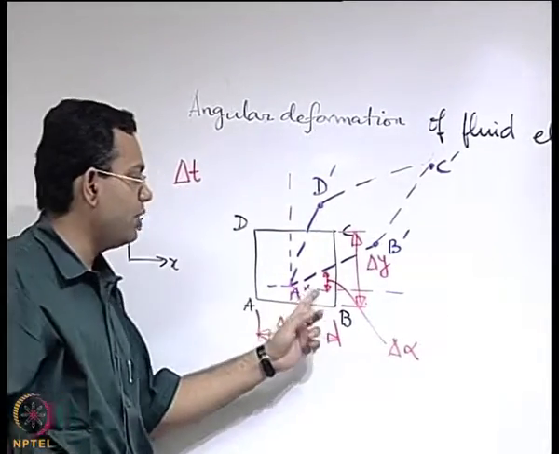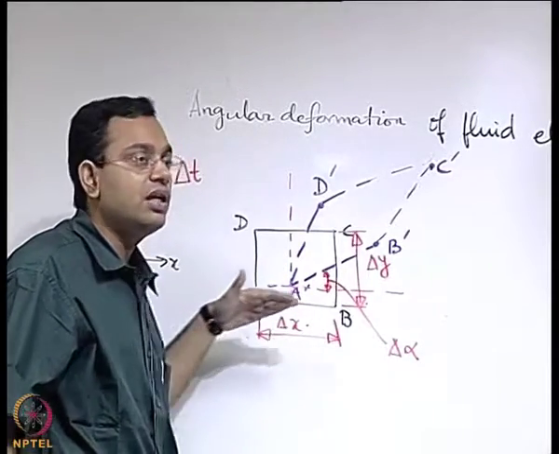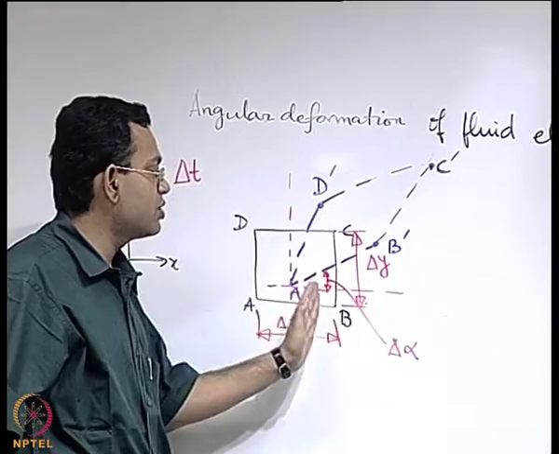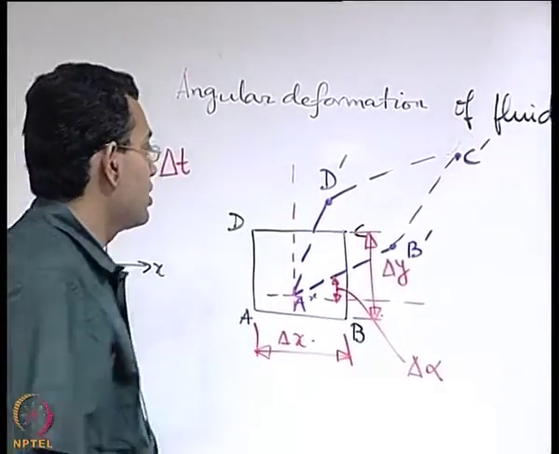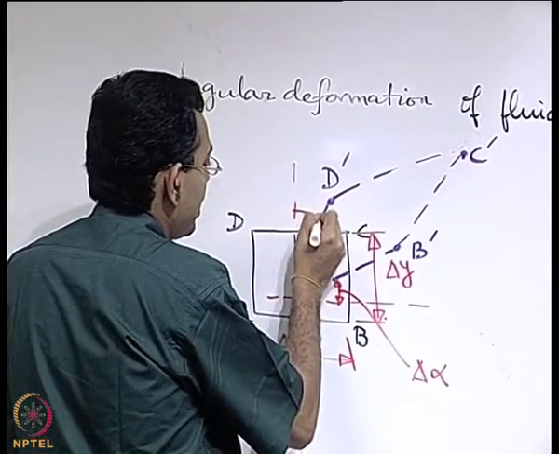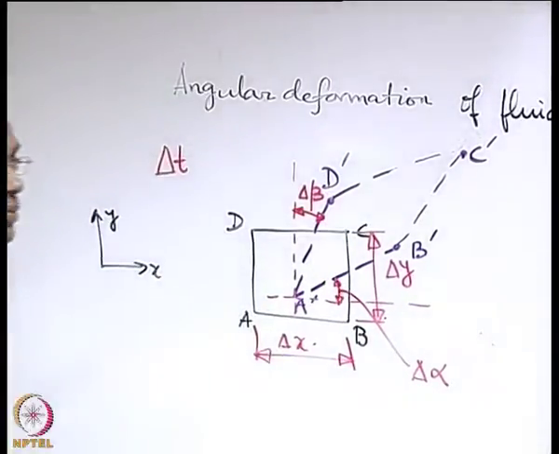In that small time interval the element AB, which was originally oriented along x, is now oriented at an angle delta alpha with x. Similarly, let us say that this angle is delta beta.